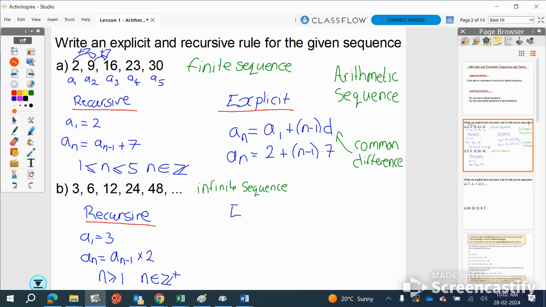How about explicit? I'll put the general formula up. It's useful for these ones. So we need the first term times what we call the common ratio, R. How many lots do we need? Is it n, n plus 1, n minus 1? Minus 1. Why n minus 1?